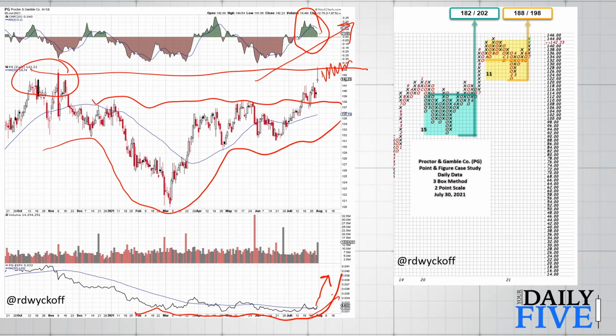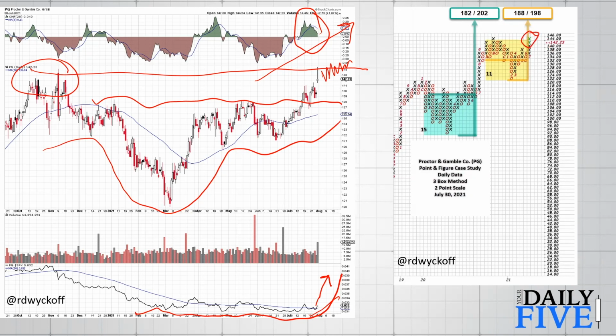Point and figure, two counts. Two reaccumulation counts confirming each other. Stepping stone reaccumulation, as we just talked about with Yeti. So here the green count takes us up to 182 to 202, currently at 144 area right here.